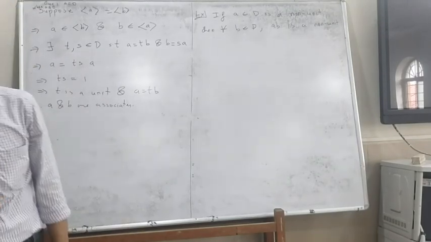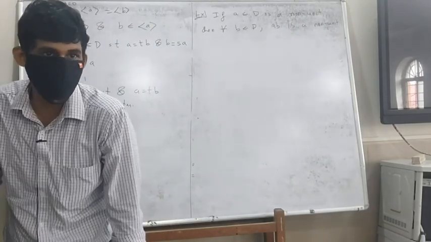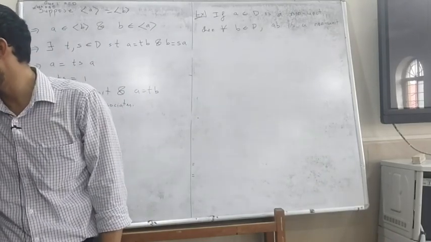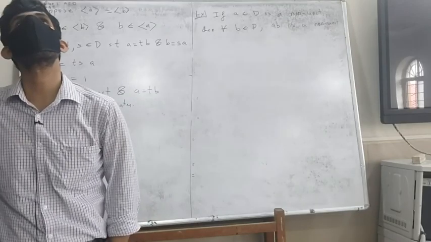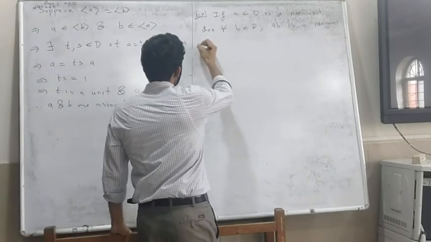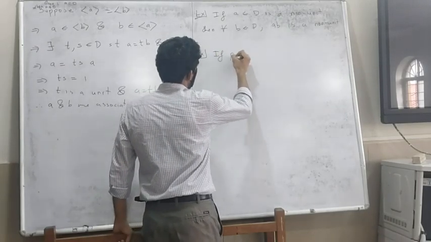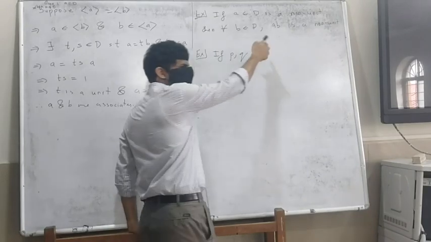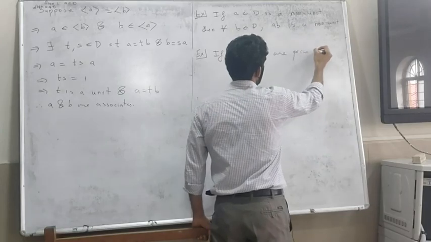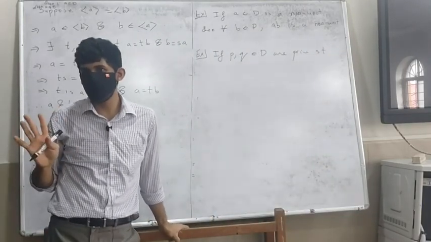Yeah, so this is another one which you can see here, exactly what you see in Z. If P, Q in D, integral domain, are primes such that, see, I know that if A divides B and B divides A, then A and B should be associates.